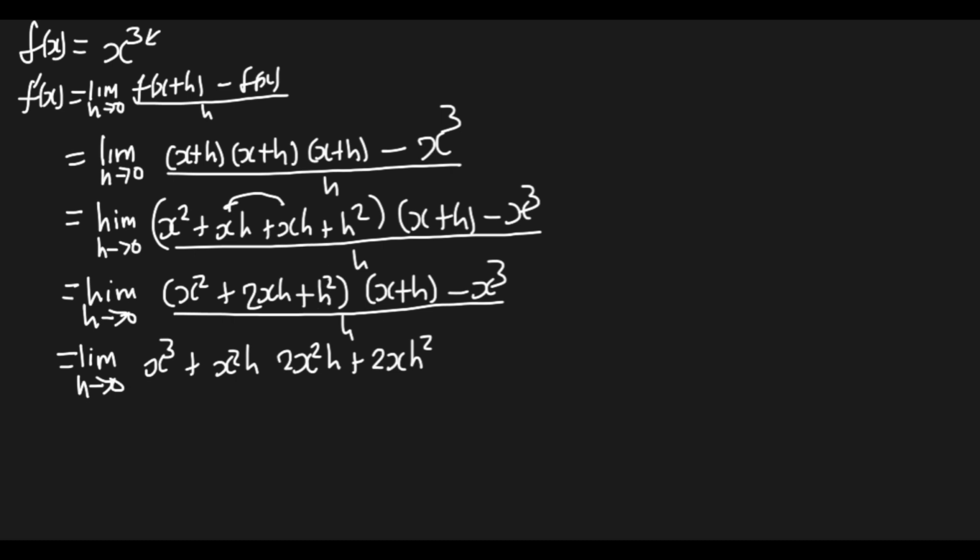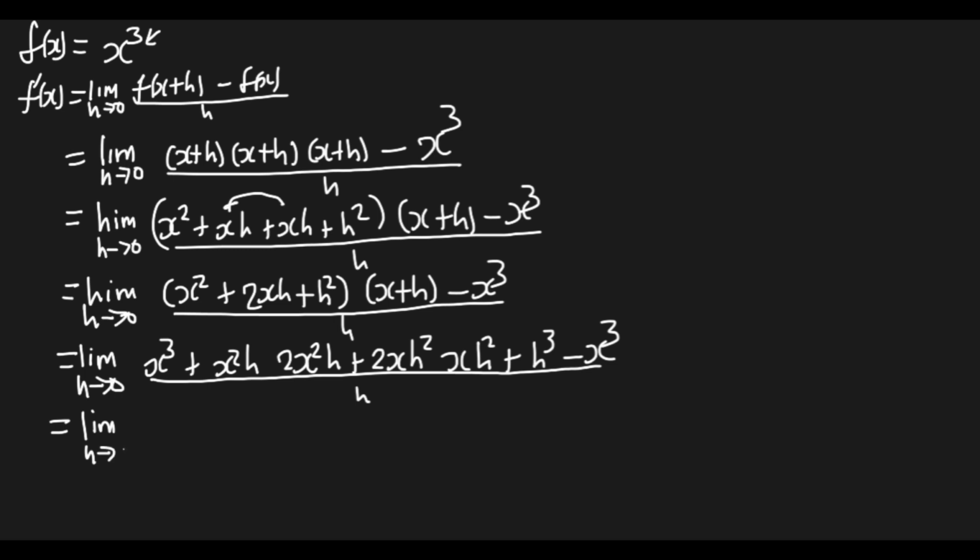We go to this one, so h squared times x will give us x h squared plus h squared times h will have h cubed minus x raised to the power 3 over h. So let's look at the like terms that we can add or subtract. So the like terms here is these 2 are like terms.